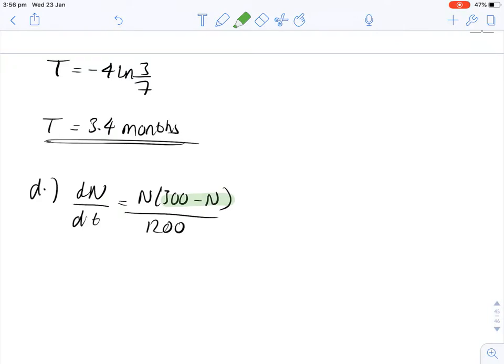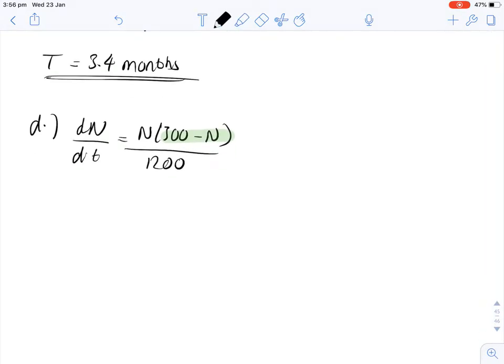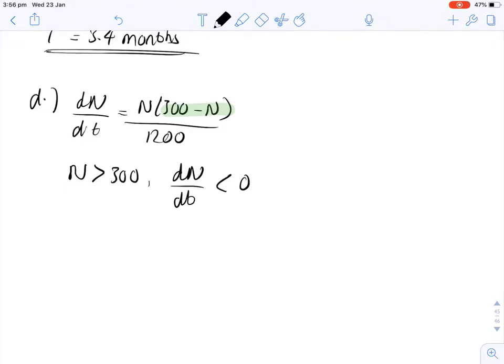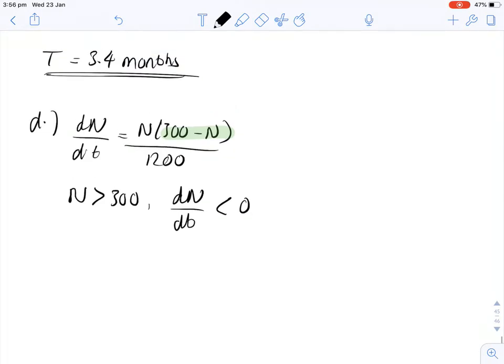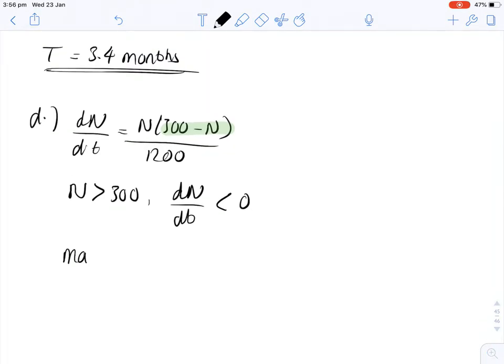Looking at the top line here, we can see that if n is greater than 300, then dn/dt will be negative, and that's going to mean that it starts decreasing. So therefore, the maximum is going to be 300.